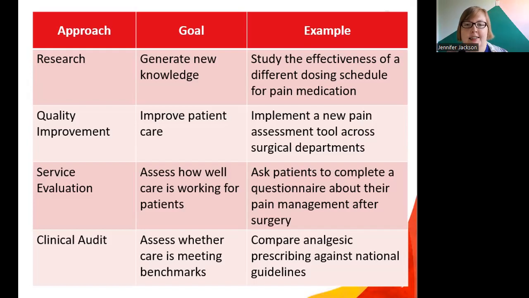In contrast, the aim of quality improvement is to improve patient care. So the stakes are a bit lower, because we know whatever we're implementing has already been assessed through research, and we know that it works. So there's not the same degree of risk to the people that are involved.